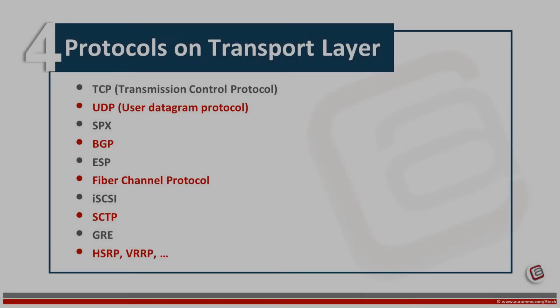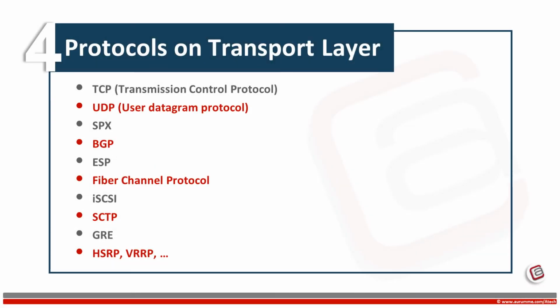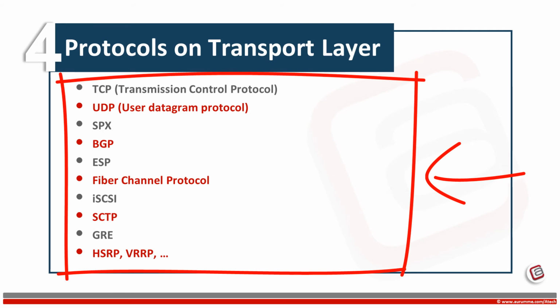The protocols at the transport layer are listed here. Two most important protocols, of course, are TCP and UDP, the Transmission Control Protocol and User Datagram Protocol. TCP is used for reliable transmission and UDP is used for fast services.